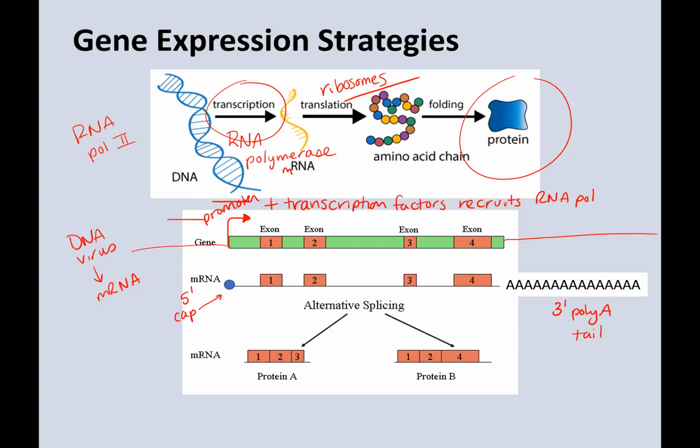And then also in eukaryotic cells, introns are spliced out, exons are spliced together, and sometimes RNAs are alternatively spliced, which means perhaps one of the exons is not spliced in, and that gives you different proteins from the same mRNA. RNA polymerase and transcription happens in the nucleus.